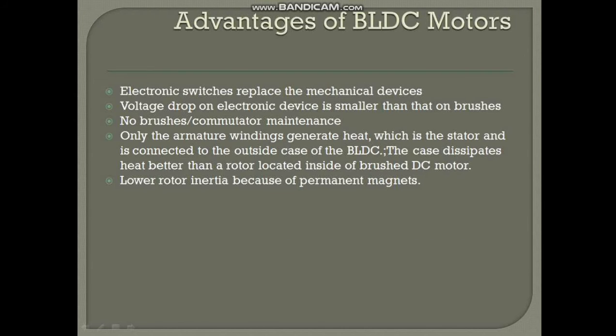For advantages of BLDC motor, electronic switches replace the mechanical device. Another point is that a BLDC motor with 3 coils on the stator will have 6 electrical wires, 2 to each coil.